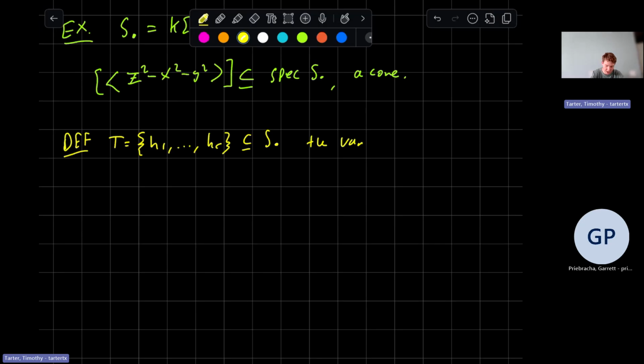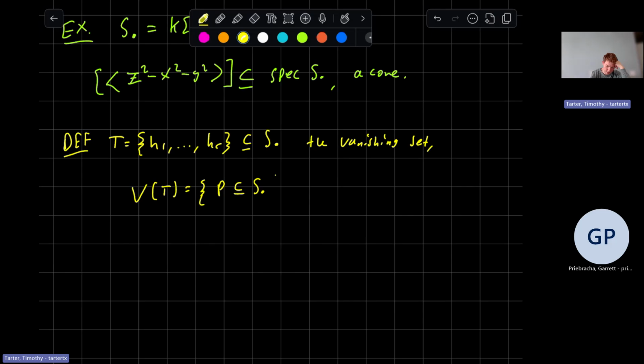The vanishing set of T is the homogeneous prime ideals P containing T but not S plus, not the irrelevant ideal.